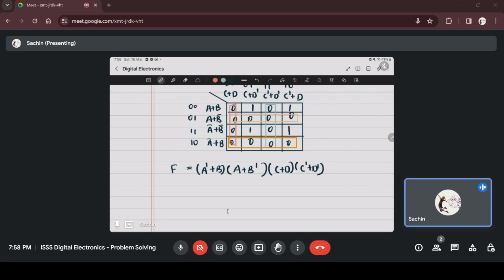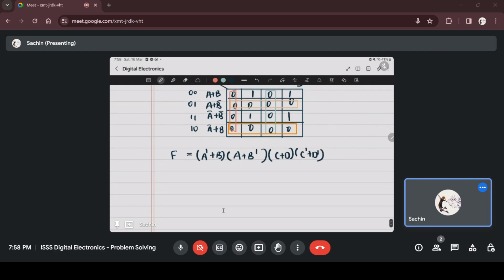Now to get the NOR gate implementation, we can complement this twice and write it as A prime plus B whole prime plus A plus B prime whole prime plus C plus D whole prime plus C prime plus D prime whole prime, the entire thing complemented.